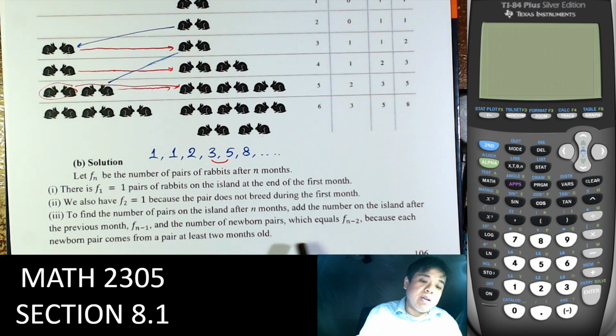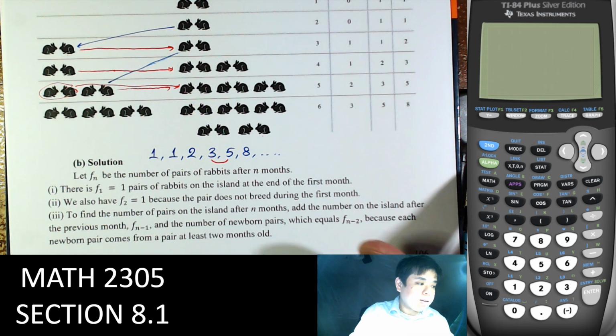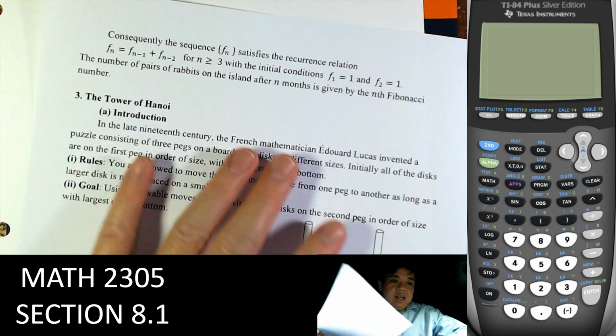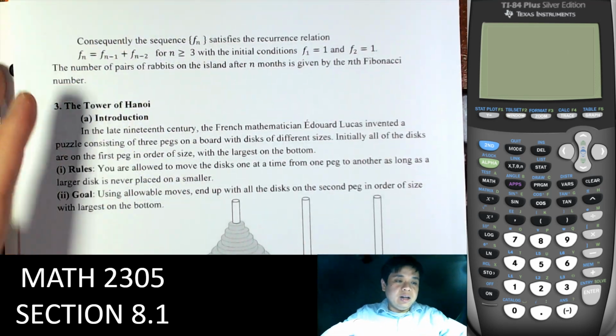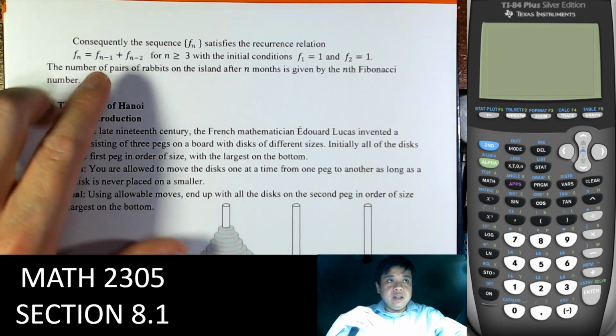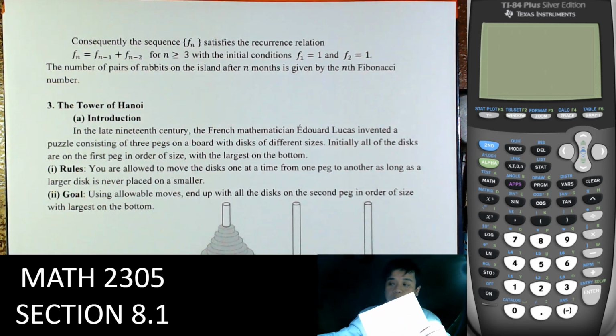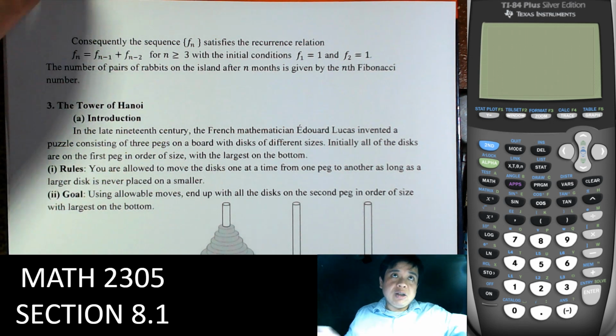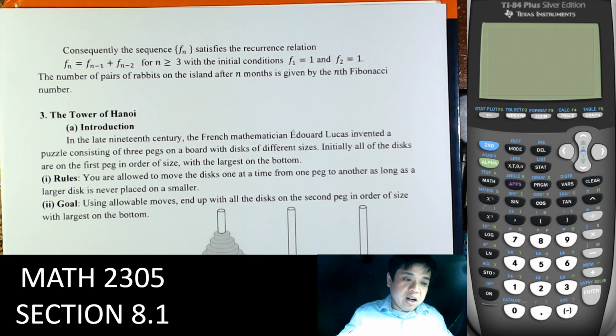We just add them up, and that's what we have. So the Fibonacci sequence satisfies this equation: each term is equal to the previous 2 terms added together. Of course, we talked about this in the recurrence relation video earlier, so we're not talking much about it.